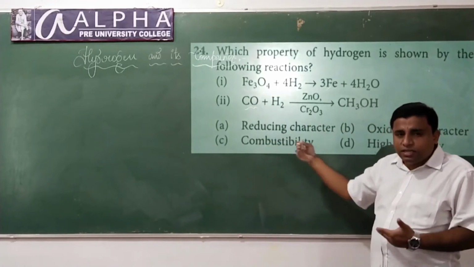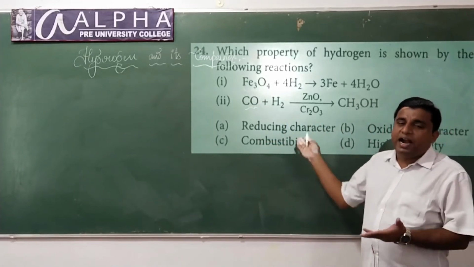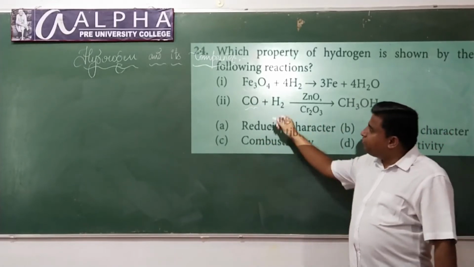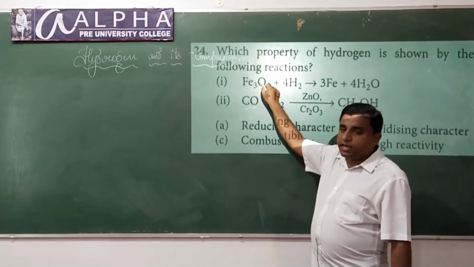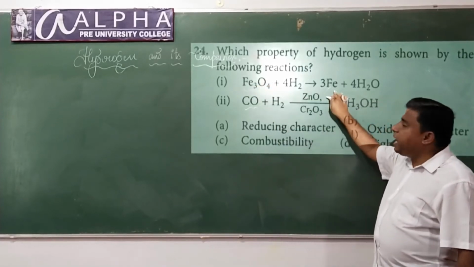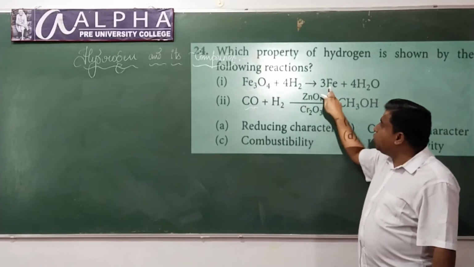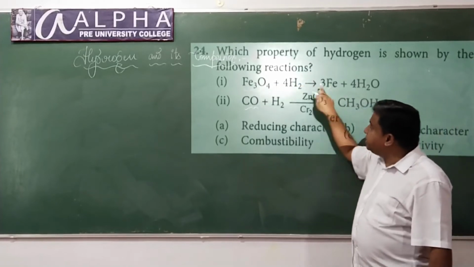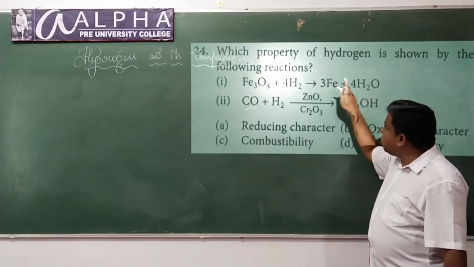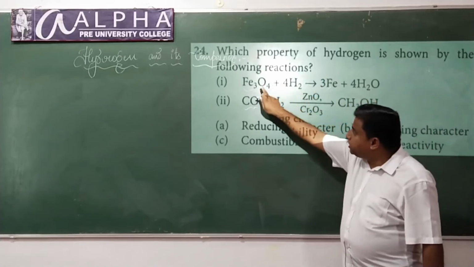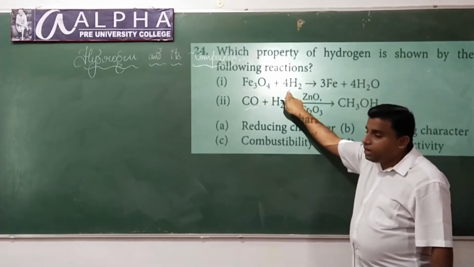Reduction is removal of oxygen or else addition of hydrogen. From iron oxide we have removed oxygen, so we have reduced iron oxide to iron, and hydrogen is oxidized to water.